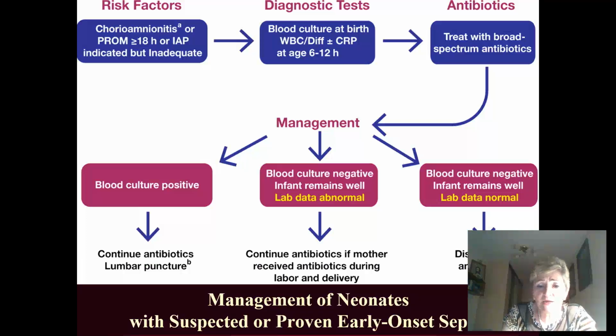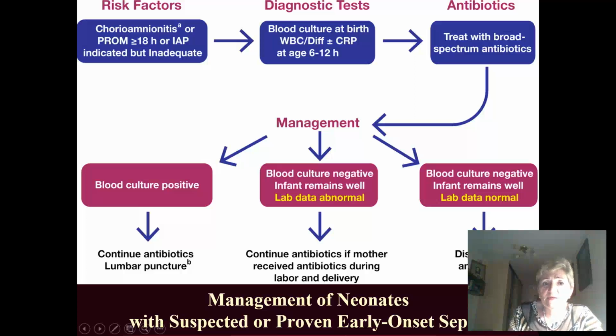Now I would like to discuss management of neonates with suspected or proven early onset sepsis. Very important risk factors: when you know specific risk factors, chorioamnionitis or premature rupture of membranes more than 18 hours, or when the mother used antibiotics during pregnancy or during delivery.